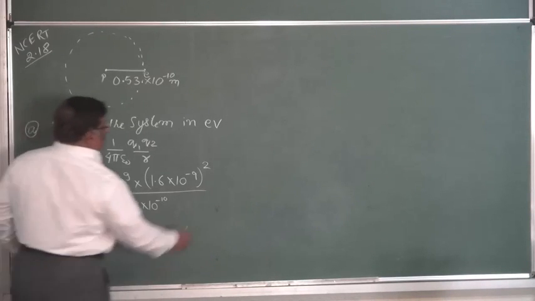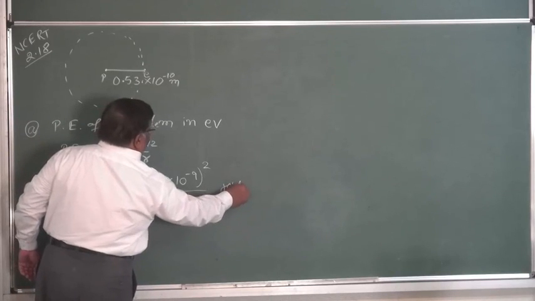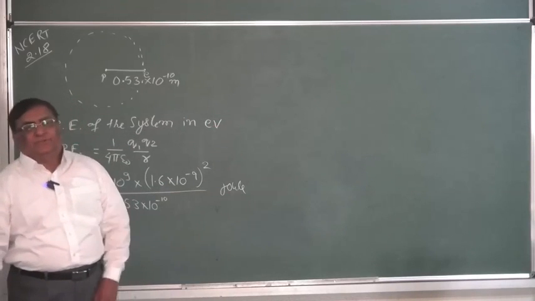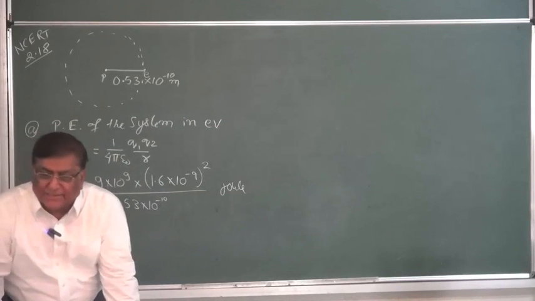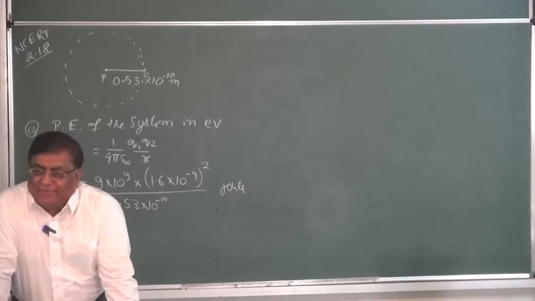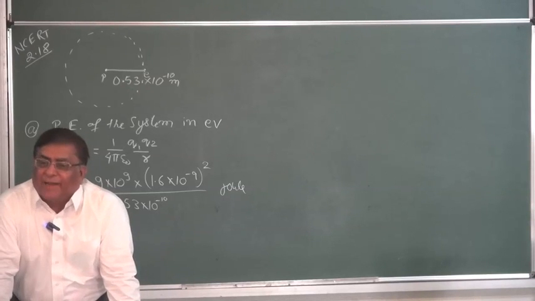So in SI system the answer will be in joule, but they want us to find it in EV. How to convert joule into EV? We have to divide it with 1.6 into 10 to the power minus 19.